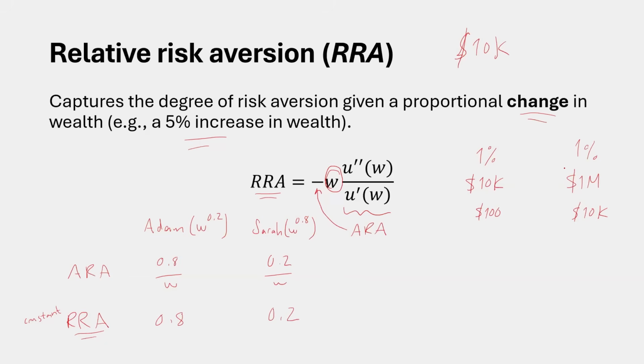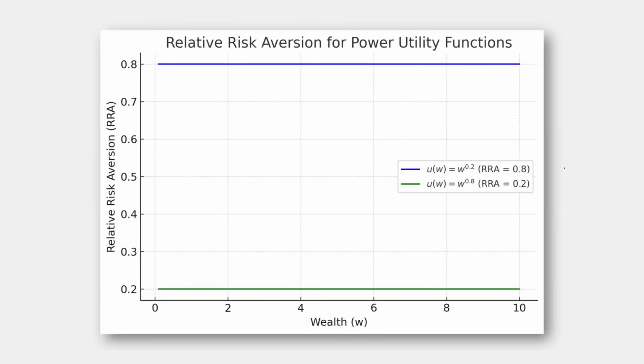Okay. Again, we can nicely plot this on a graph, right? The top one is for Adam, and this one is for Sarah. In both cases, the relative risk aversion coefficient is constant, but Adam, for any level of wealth, is more risk averse than Sarah.